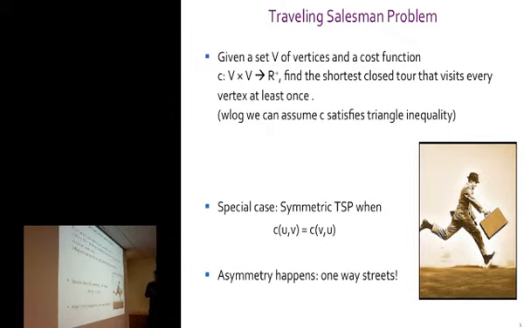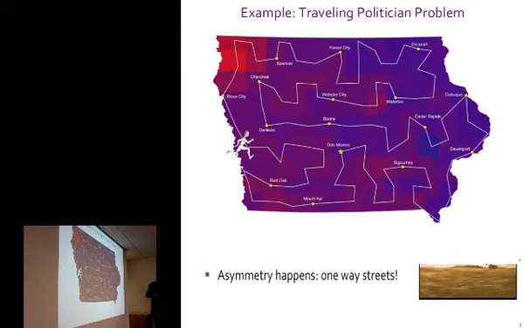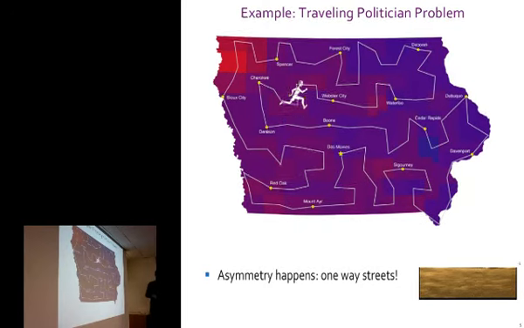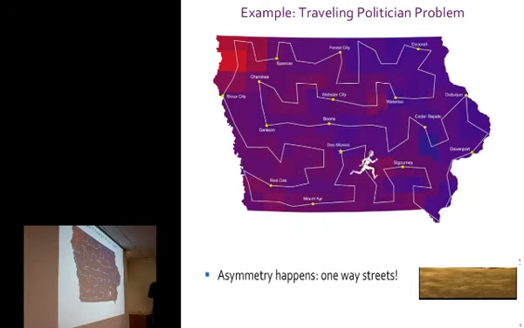So let me show you a cool application. This is an application I recently read about, called the traveling politician problem. It turns out that almost all of the candidates in the Republican campaign visited all 99 counties of the state of Iowa during the pre-election.